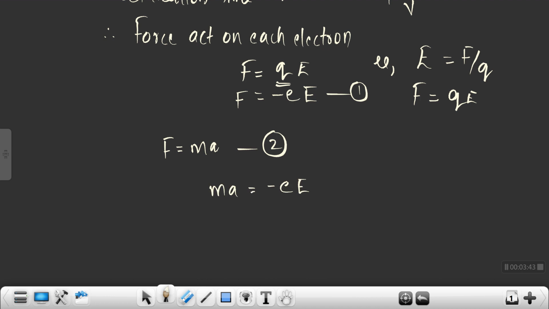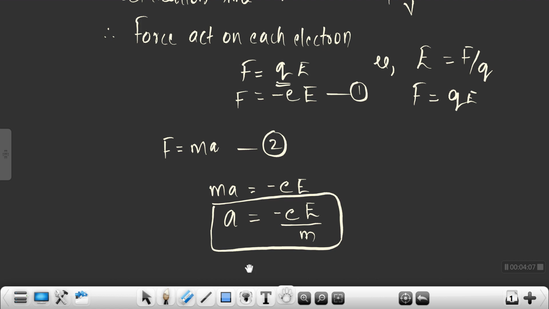Because the left hand sides of the first and second equations are equal, we can equate the right hand sides, that is ma is equal to minus eE. From this equation we can find the acceleration: a is equal to minus eE by m. So we got an equation for finding the acceleration of the electron.